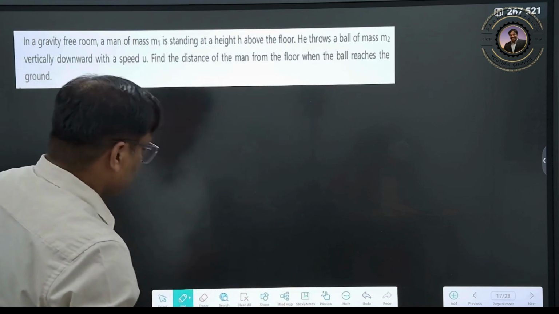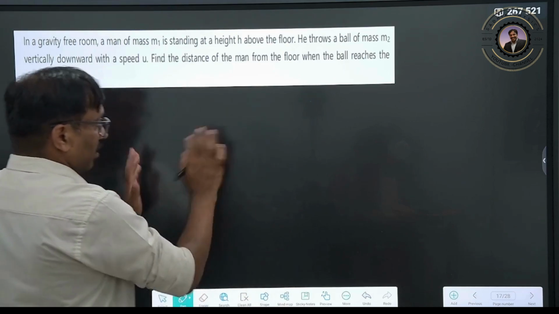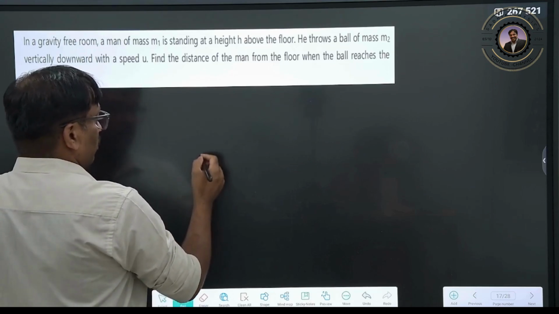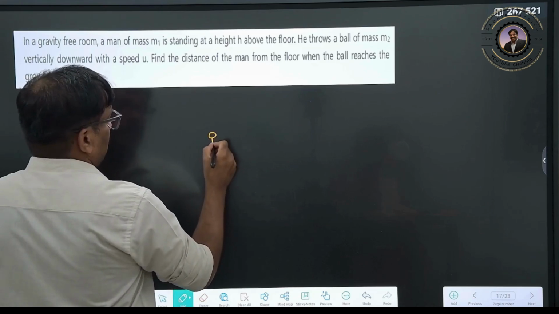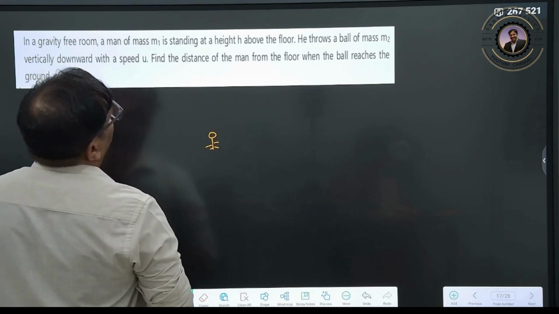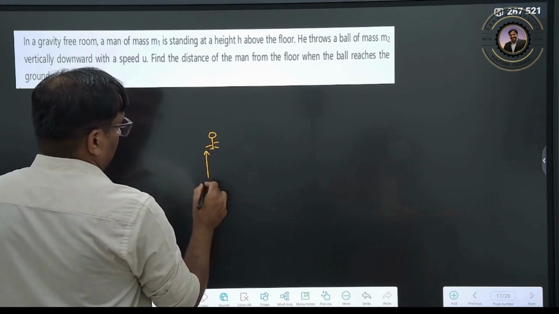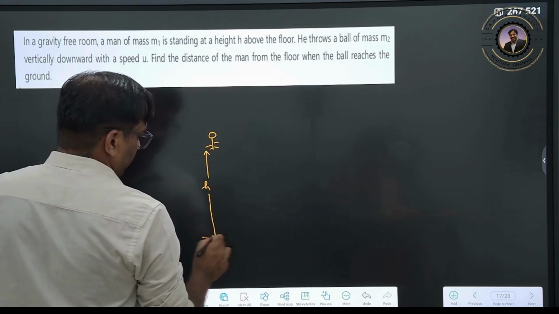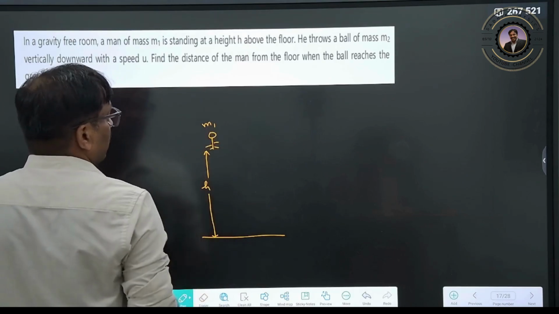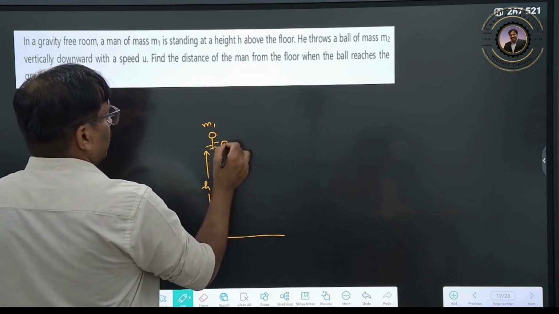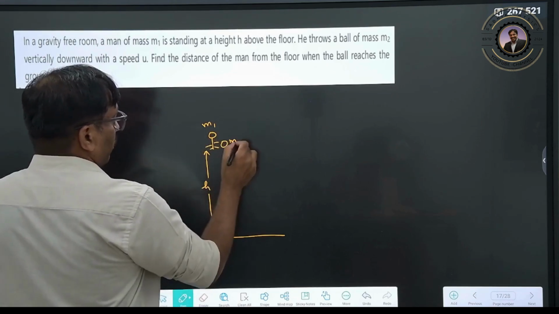See, here there is no gravity, suppose there is no gravity, so it is free space, no? Therefore this person is at a certain height here. What he did now, this person's mass is m1, and the ball he holds has mass m2. Right?